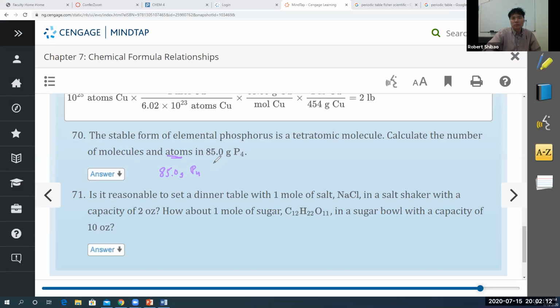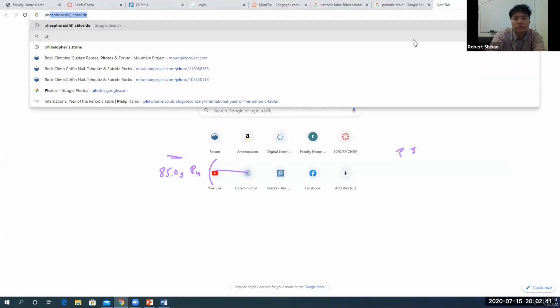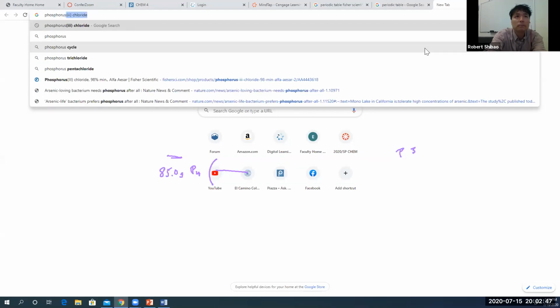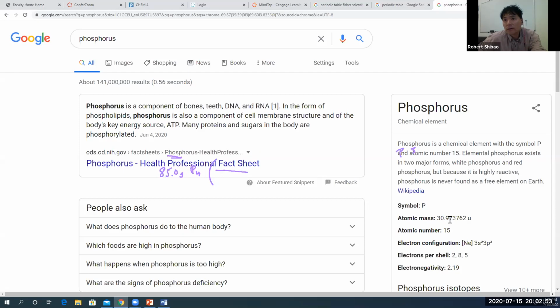So we're going to go 85.0 grams of P4, and then we need to convert that to moles. Here's where it's critical that we use P4. What is phosphorus? I'm going to look up phosphorus. Since I'm having a struggle finding a decent periodic table, I'm just going to go to Wikipedia: 30.97.